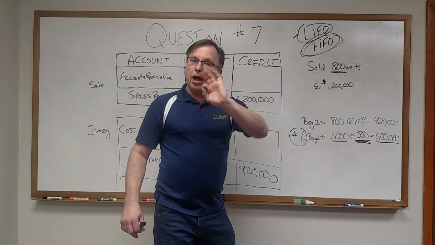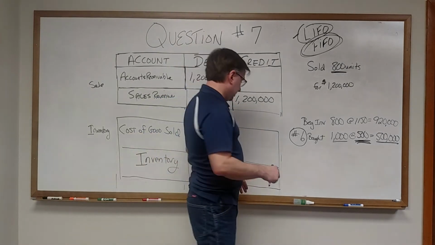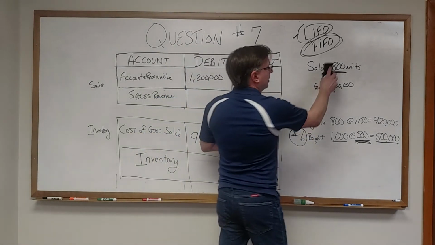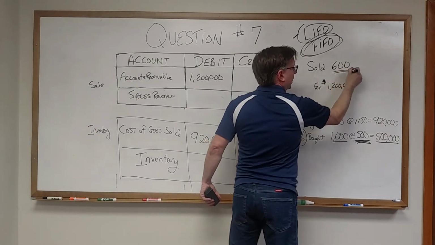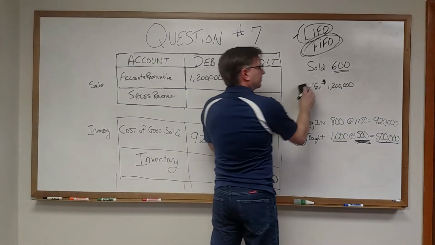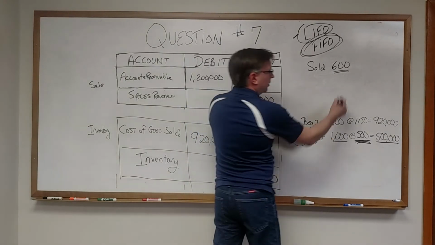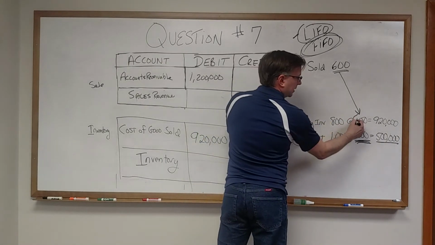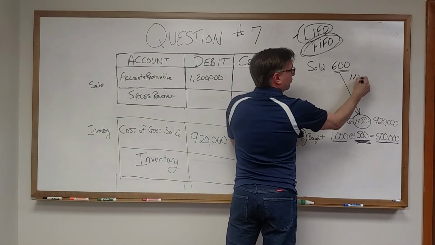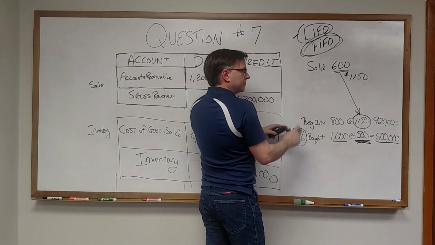Now I want to just help you with the FIFO side of things in case the numbers were a little different. Let's say that we only sold 600 units, okay? 600 units, and 800 of them were in beginning inventory. Well, that's easy. We would just multiply the 600 units times the 1150 that we had for beginning inventory.